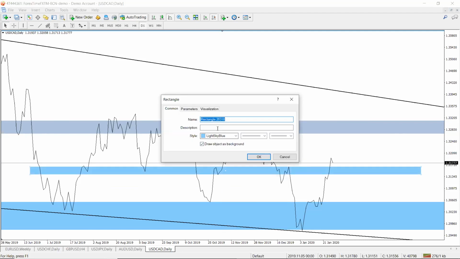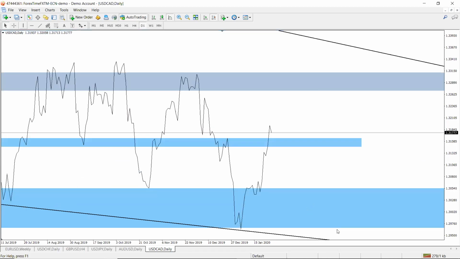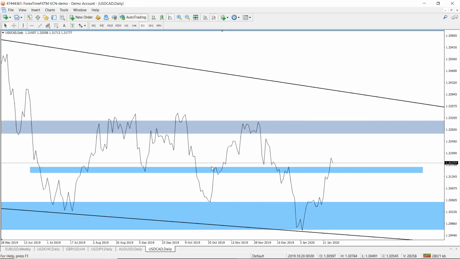If you like, you could give it a title: daily mid-range zone, right? So as not to bore the chart with different colors and make it look clownish. So now I've identified my daily mid-range zone right here.